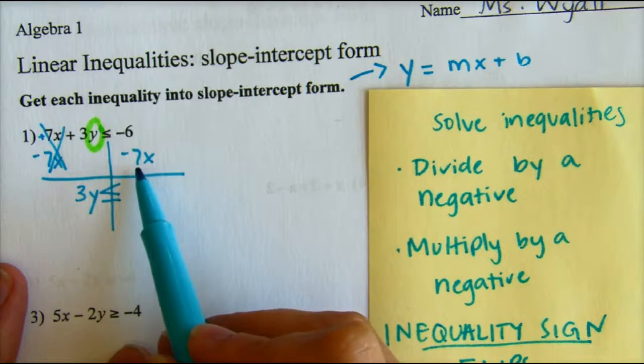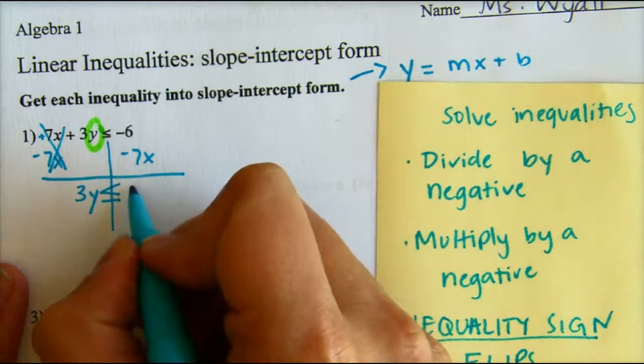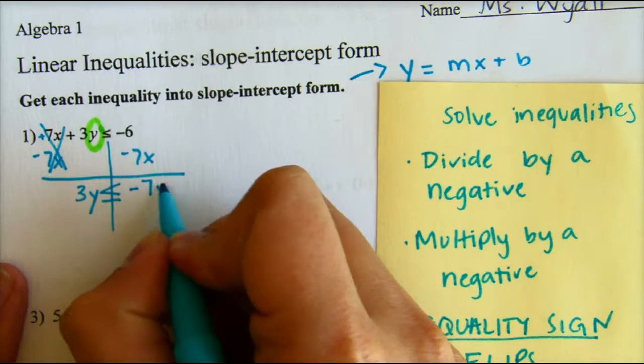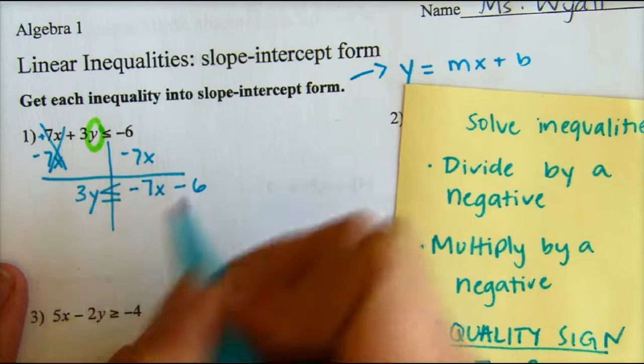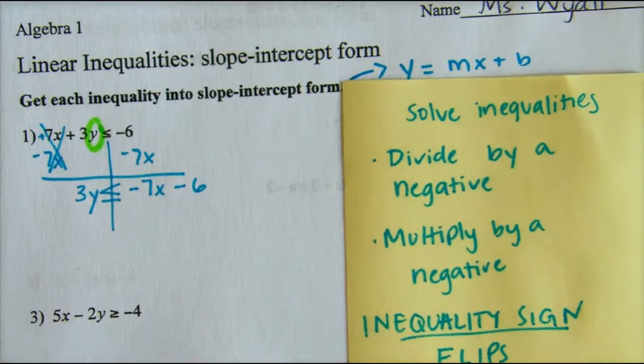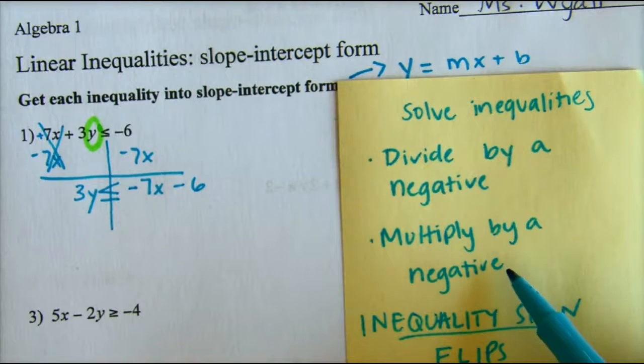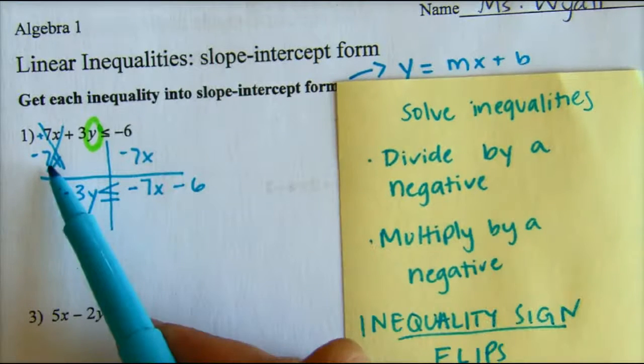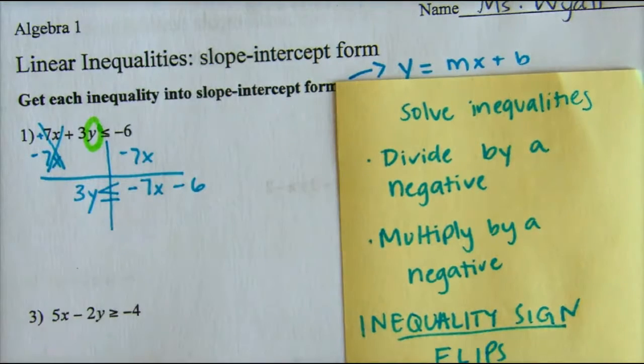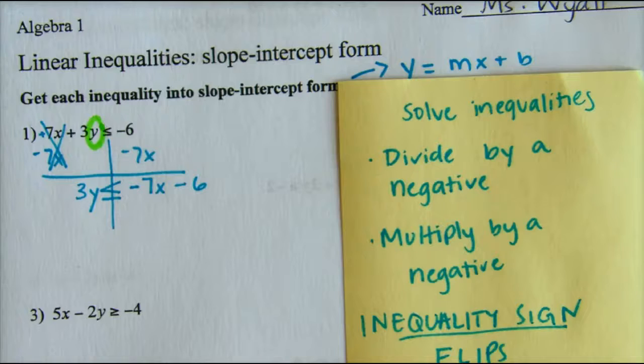Are these two like terms? Nope, so I'm going to just bring them down as they are. I've got a negative 7x and a minus 6. Okay, just to do a quick check, did I divide by a negative or multiply by a negative? Nope, I just subtracted a number. So that means that my inequality sign will stay the same.